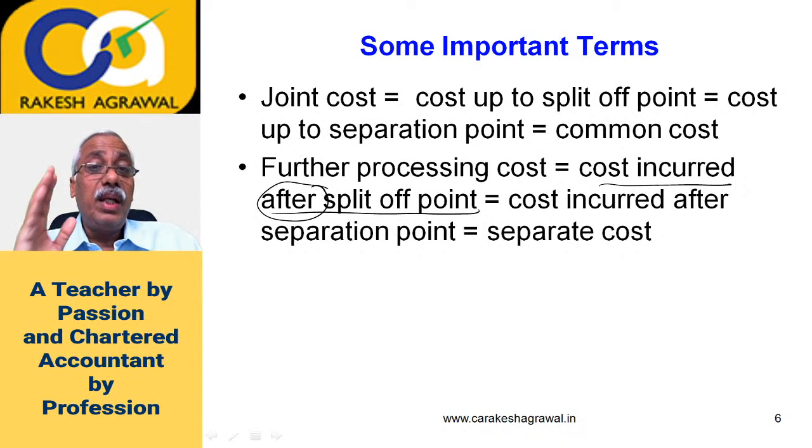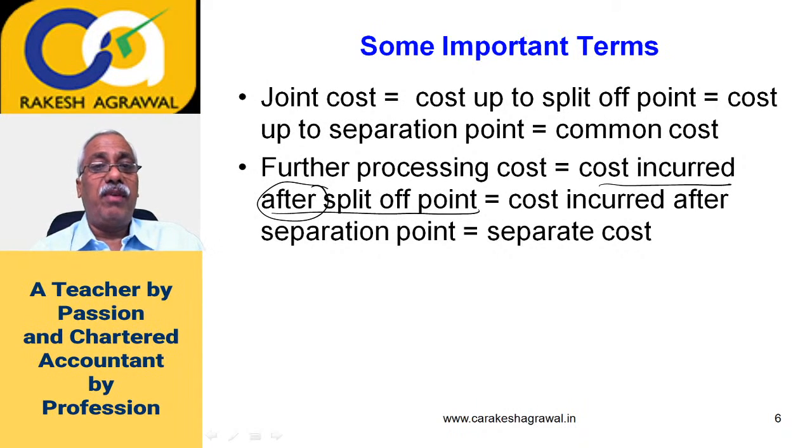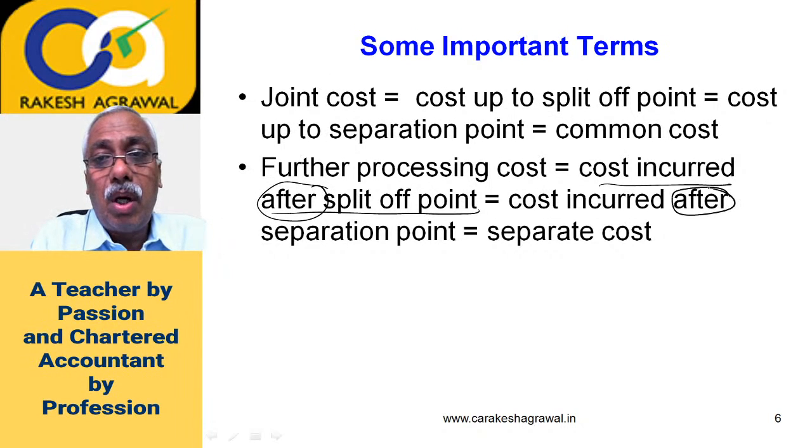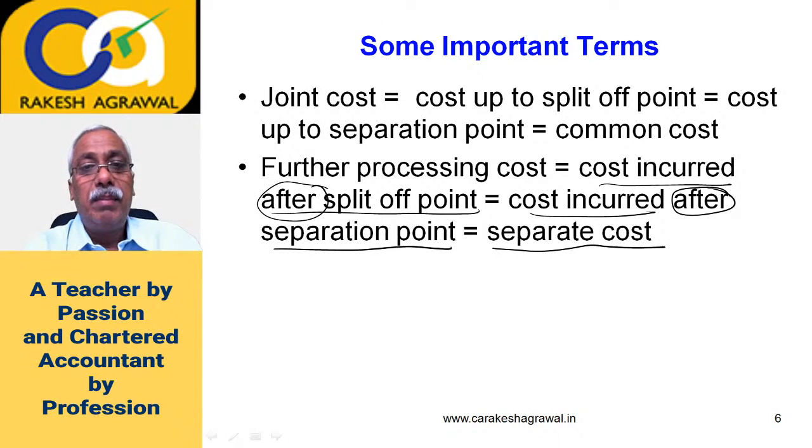So if you incur a separate cost individually on that product for further processing, then that is called further processing cost, or cost incurred after split off point, or cost incurred after separation point, or just a separate cost. Please remember, it is not a common cost, it is a separate cost.